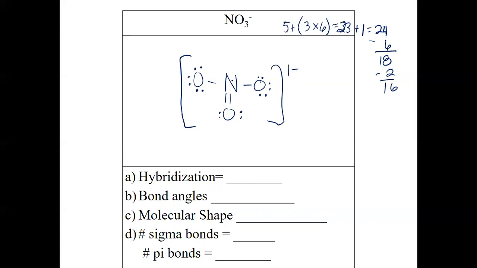So nitrogen has 3 electron domains on it, so that's going to give it a hybridization of sp2. This is a trigonal planar shape, and the bond angles are going to be 120 degrees. Sigma bonds, we have 3 sigma bonds and 1 pi bond.